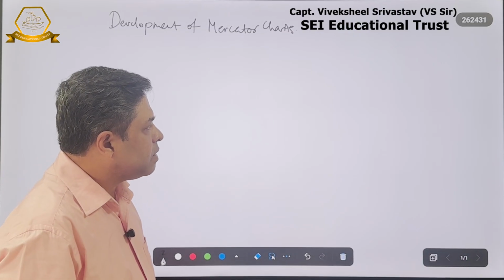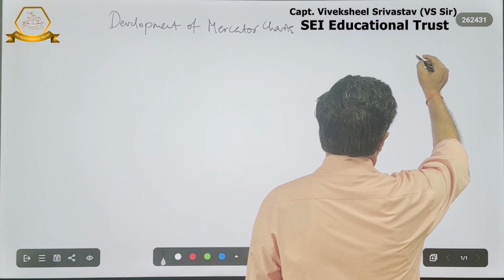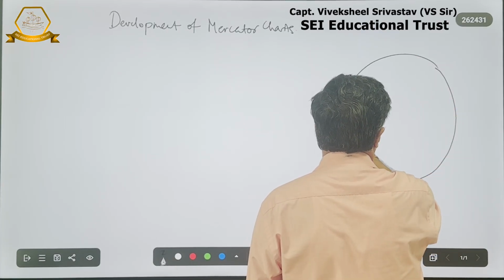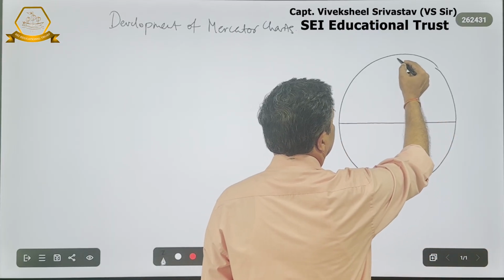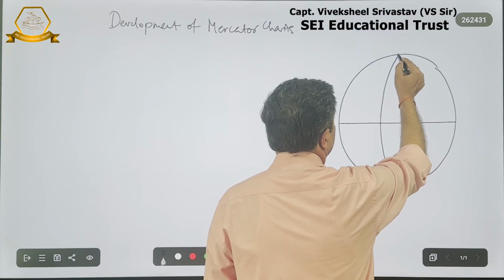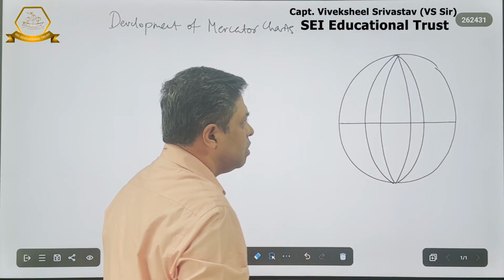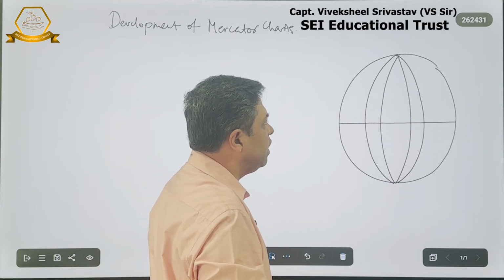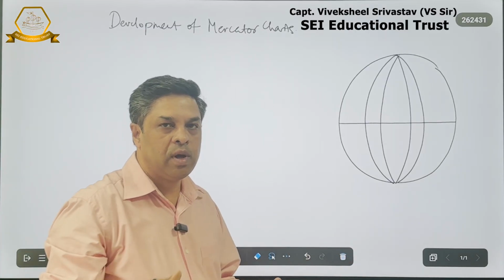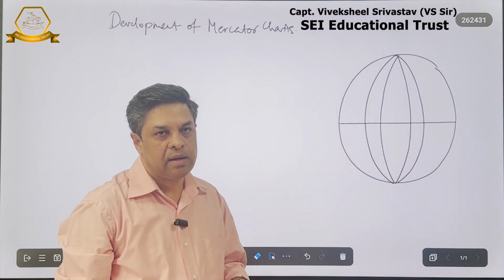Okay, like we did last time, I'll just refresh a little bit. Last time we were trying to figure out stripping out these sections of paper from the globe and pasting it on a two-dimensional plane on a chart.